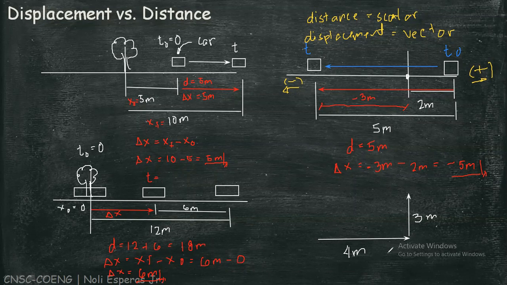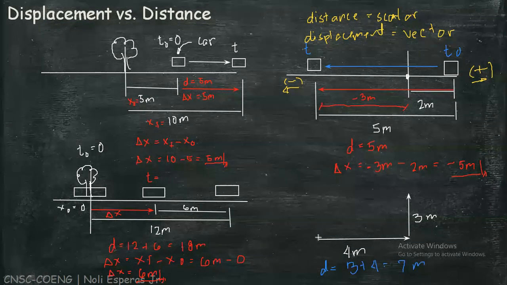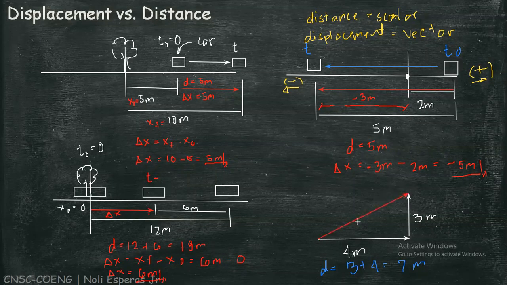So the distance is 3 plus 4, which is 7 meter, while the displacement from its initial position to its final position is this one, represented by the red arrow.